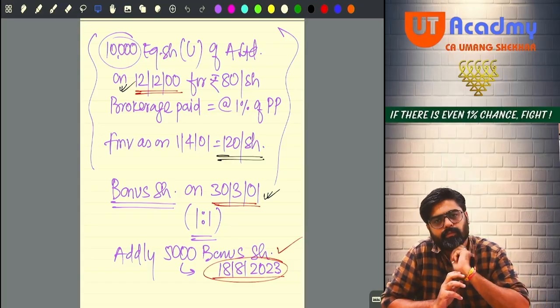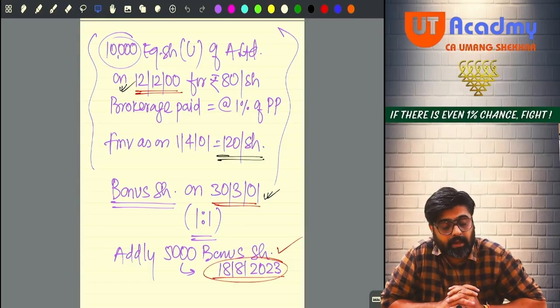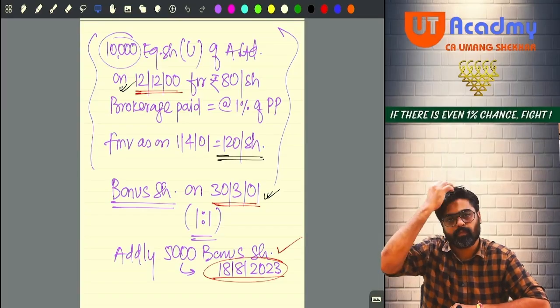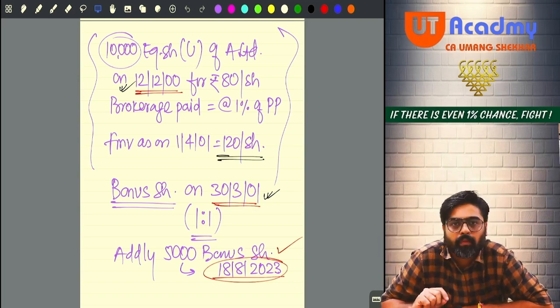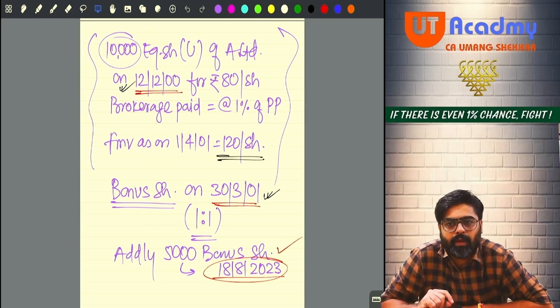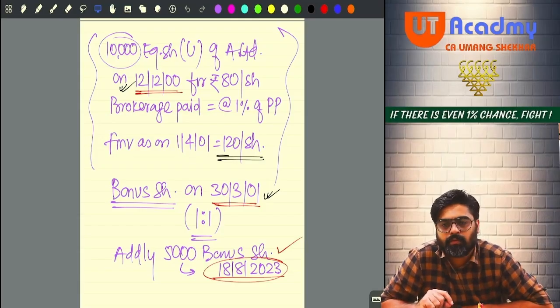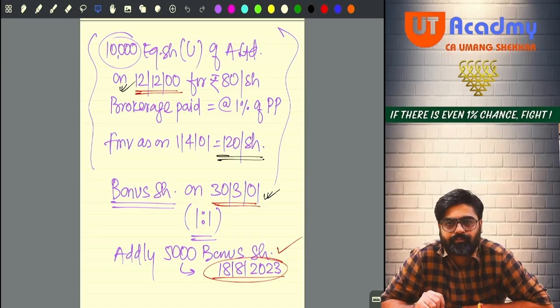Brokerage paid at the time of purchase was at the rate of 1%.